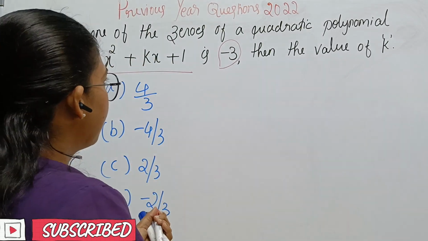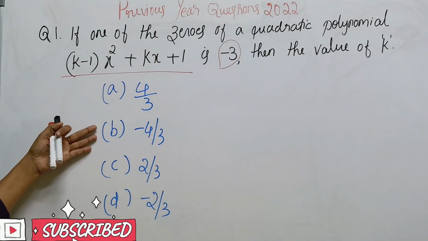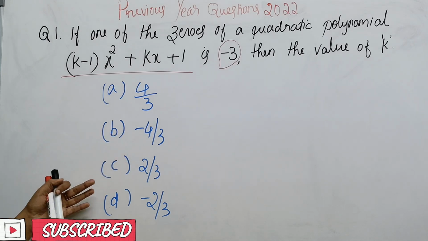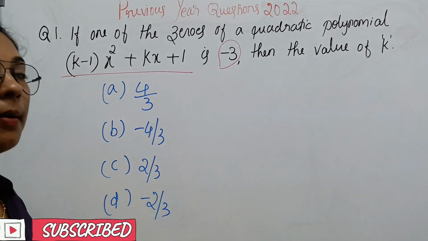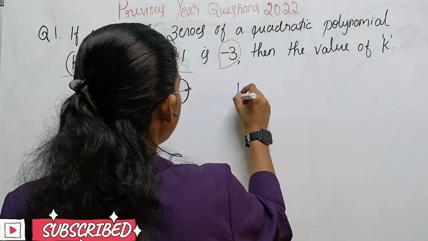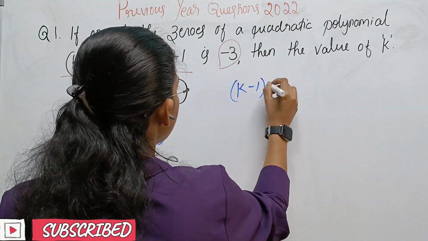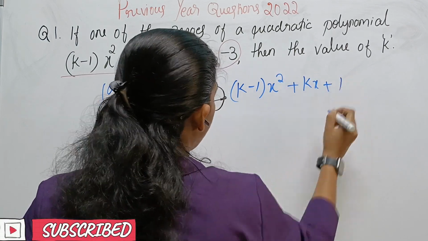So let's solve it. There are 4 options. Option A 4 upon 3, option B minus 4 upon 3, option C 2 upon 3, and finally option D minus 2 upon 3.